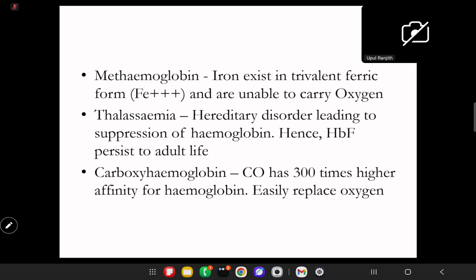I told you that the amount of oxygen carried by 1 gram of hemoglobin is theoretically 1.39, but in real life it is 1.34, because methemoglobin and carboxyhemoglobin cannot bind with oxygen.